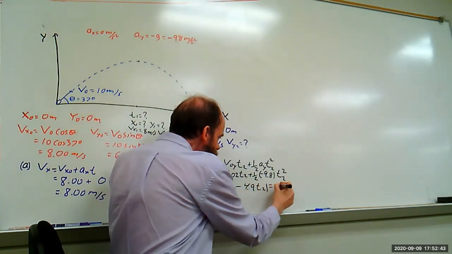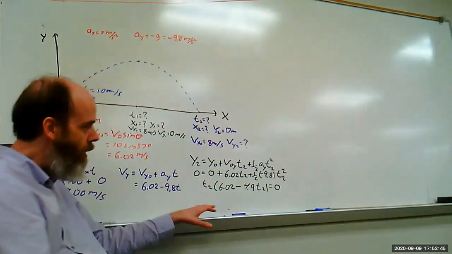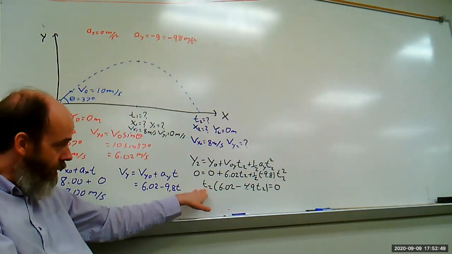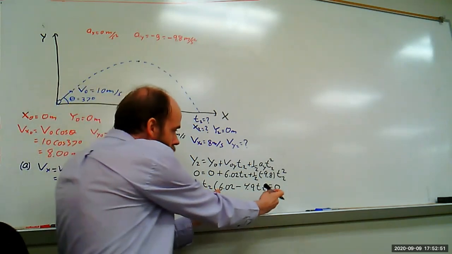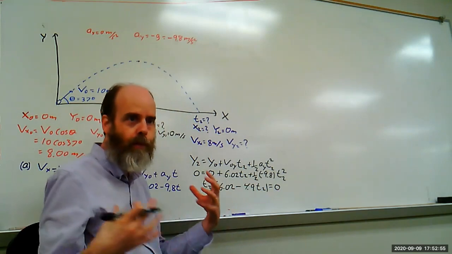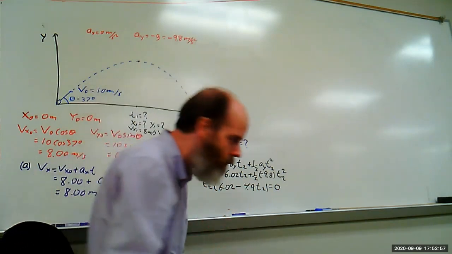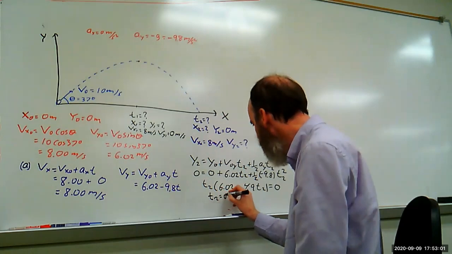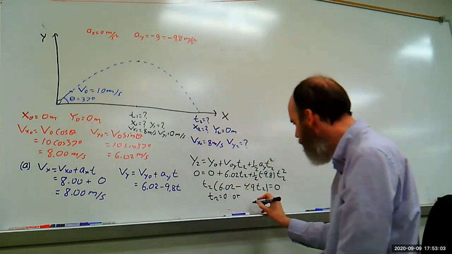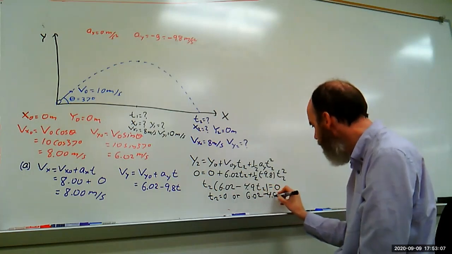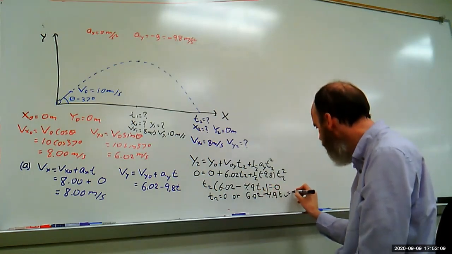t2 equals 0. Now here we have two factors. So t2 equals 0, or the second factor is equal to 0. So let's set those two factors equal to 0. So we have t2 equals 0, or 6.02 minus 4.9 t2 equals 0.